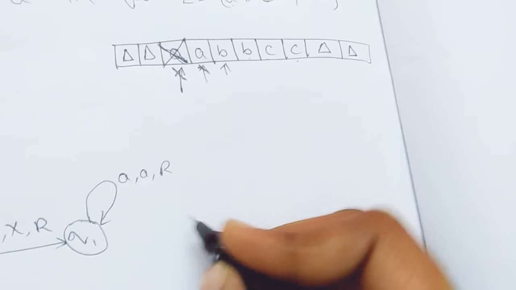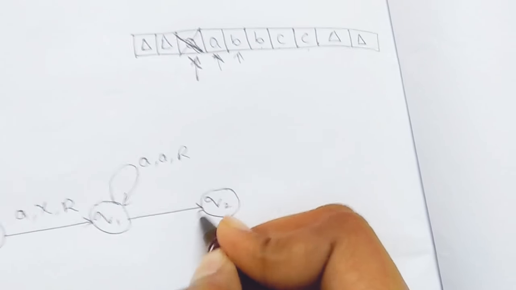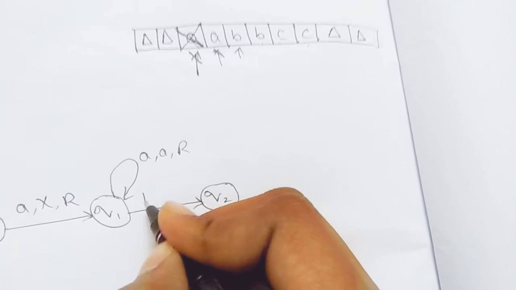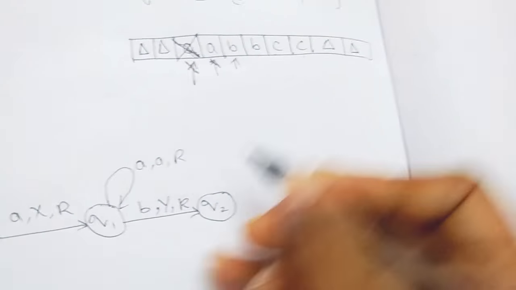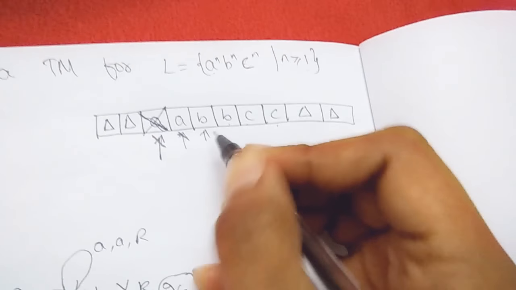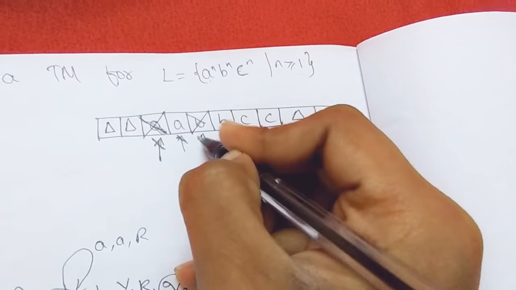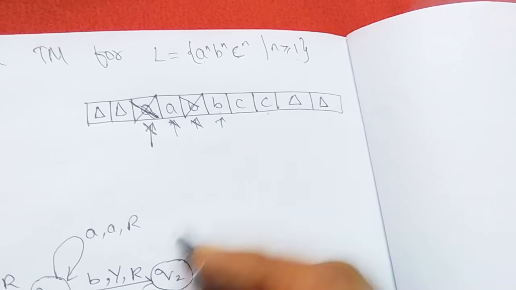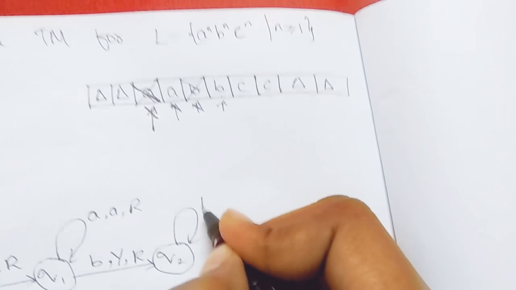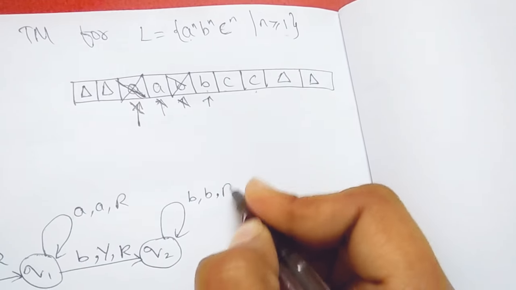Therefore I'll have a transition state Q2, where if it is B, replace it with Y and move to right, because I have to process C as well. Therefore this B will be replaced with Y and the header will move to right. Whenever there is B, I don't have to process this B, so I replace it with B itself and move the header to right.